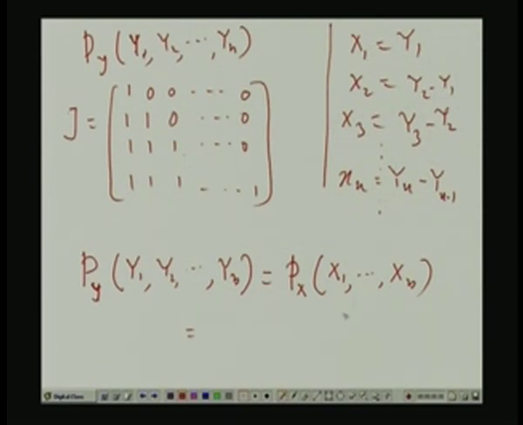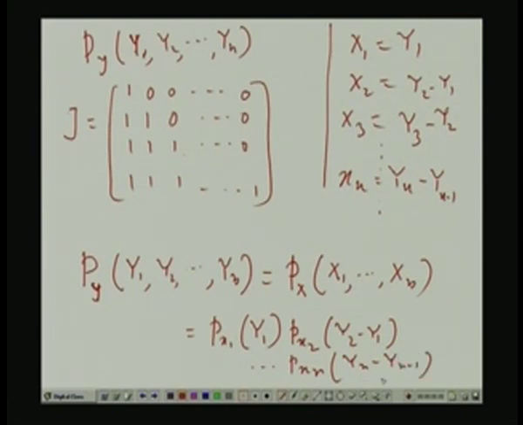So this joint density is nothing but the product of the individual densities: p_X1 at y1, p_X2 at y2 minus y1, up to p_Xn at yn minus y(n-1).